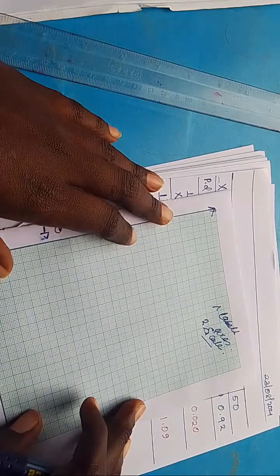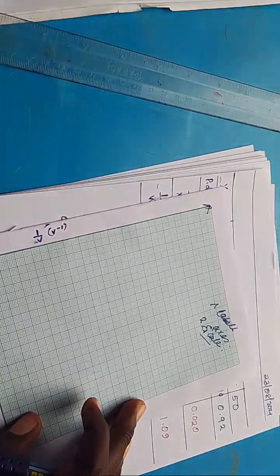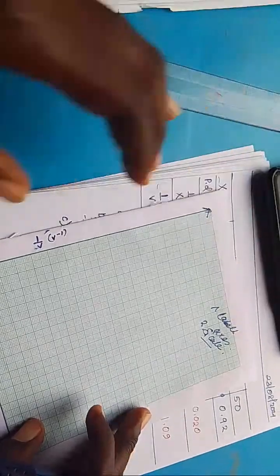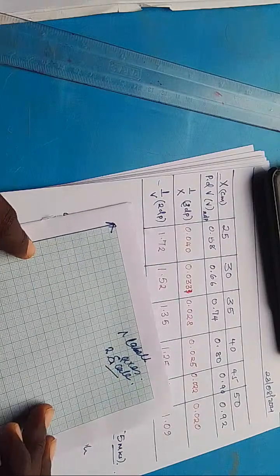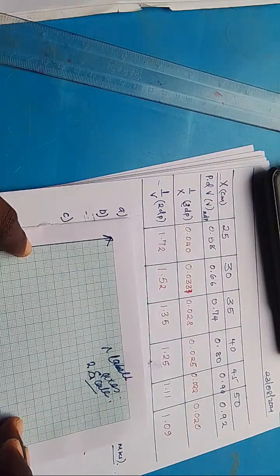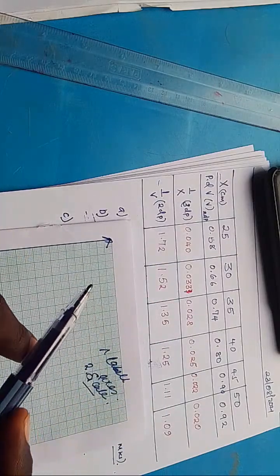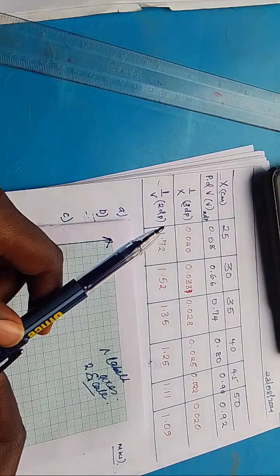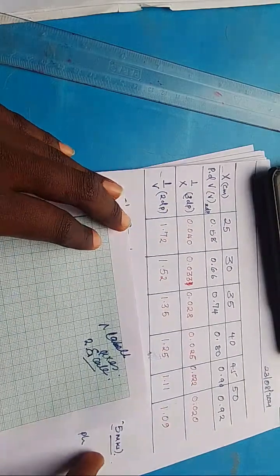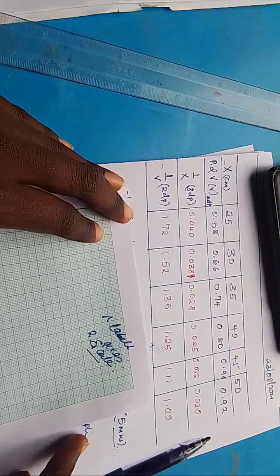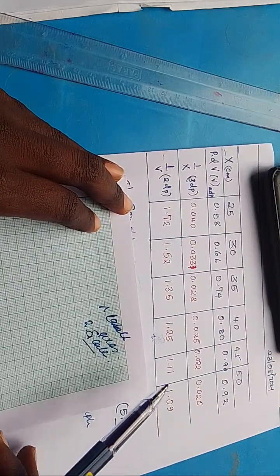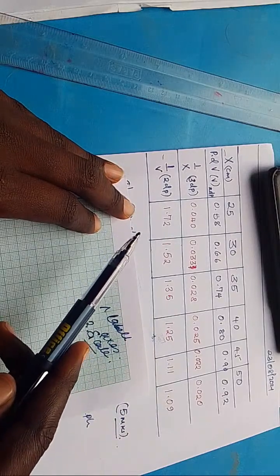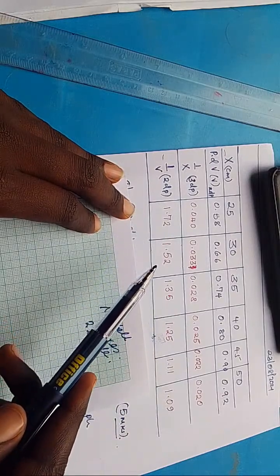If you look at the values for the potential difference, we are running from 1.09 all the way to 1.72.